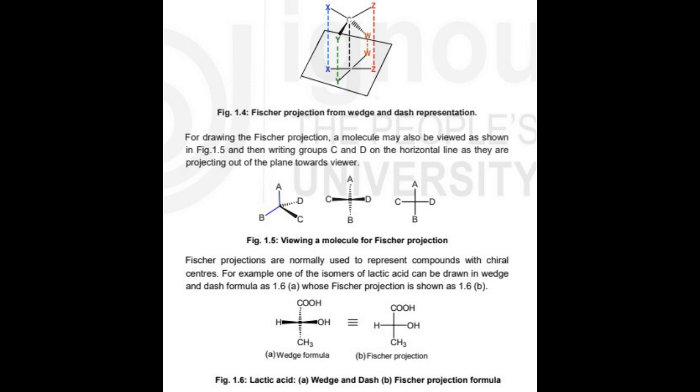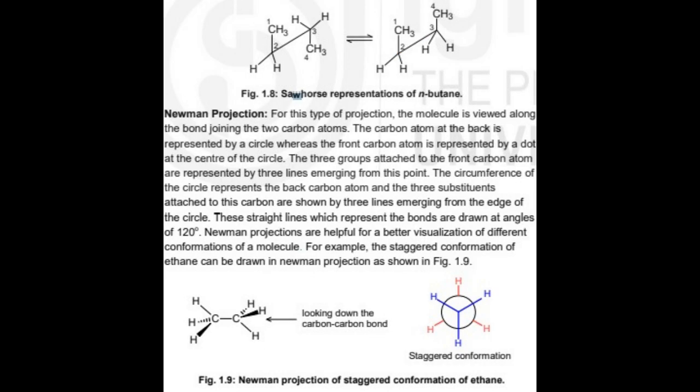Sawhorse projection. In this projection, the two key carbon atoms are joined by a diagonal line which is taken to be on the plane of the paper, and the remaining bonds are shown by small lines projected above and below that plane. There is a free rotation about the C-C bond, and the three groups attached to one carbon may be rotated clockwise or anticlockwise in relation to the three groups attached to the other carbon atom.